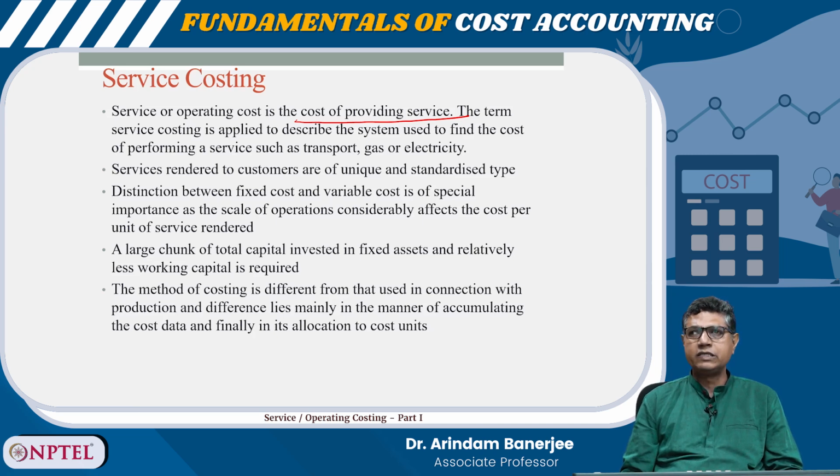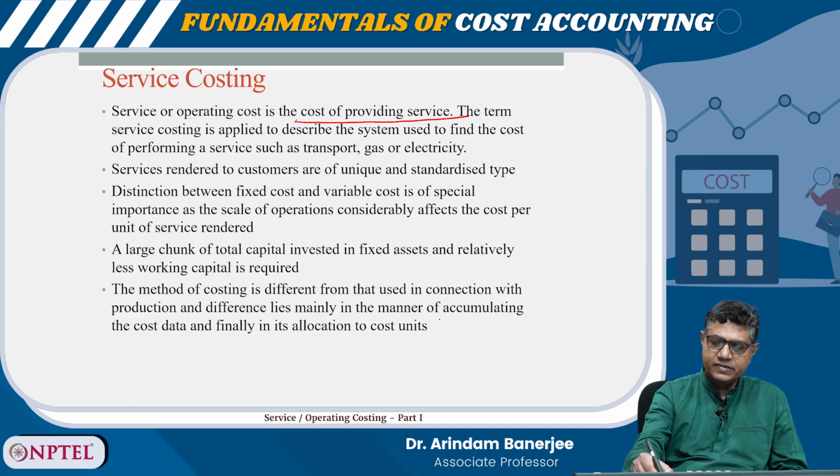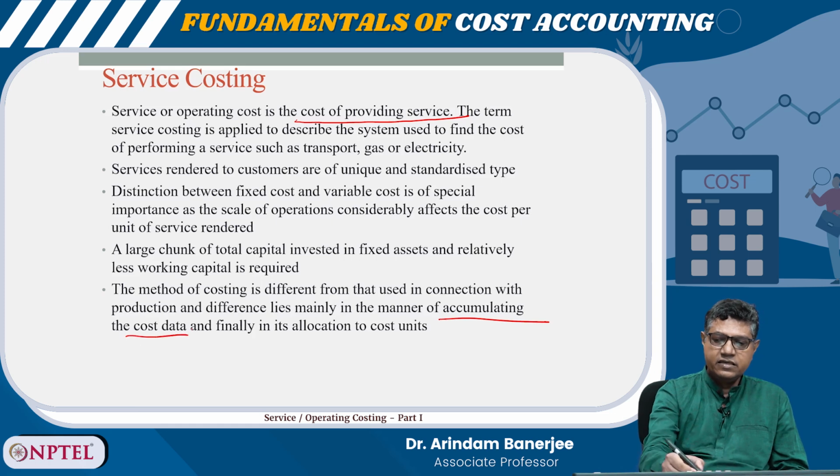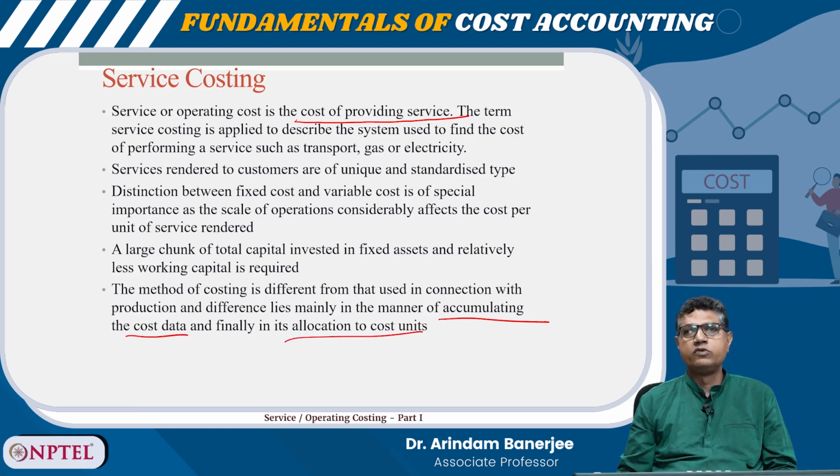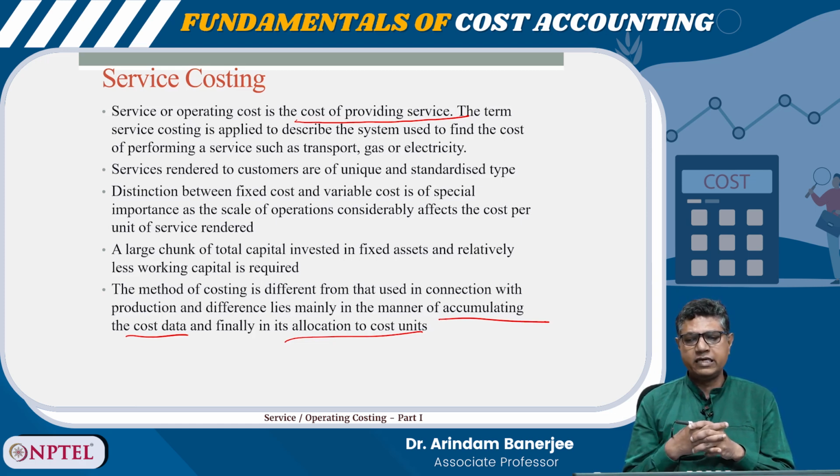The method of costing is different from that used in connection with production, and differences lie mainly in the manner of accumulating the cost data and its allocation to cost units, right? It is slightly different from the way it is done in manufacturing companies.